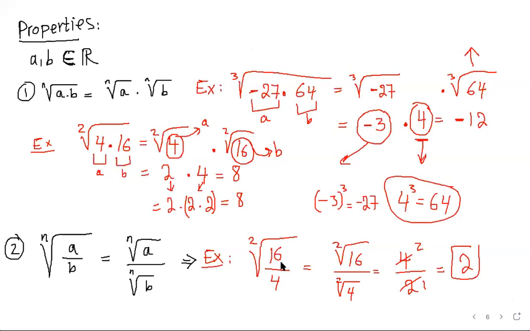Can you just repeat the process you did for the last one? Okay. So square root of 16 over 4, I can split it using this formula.